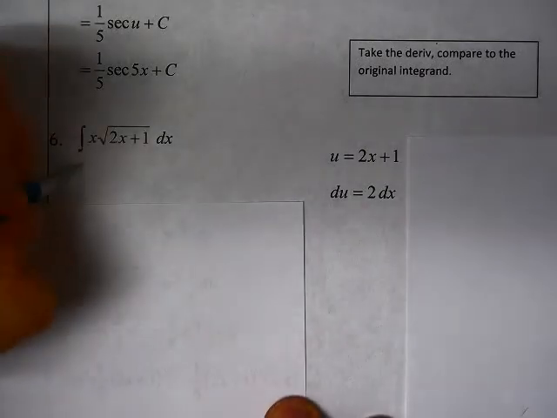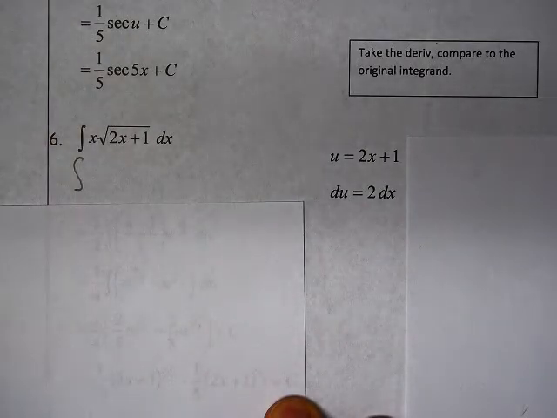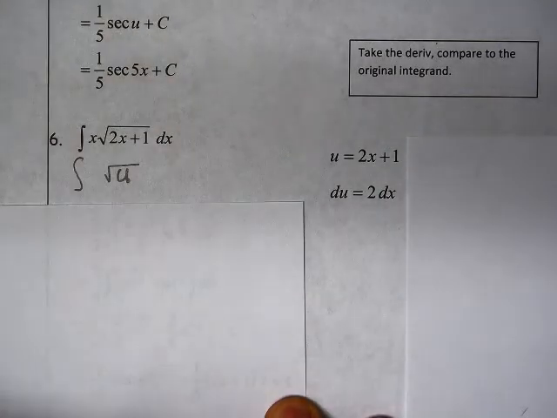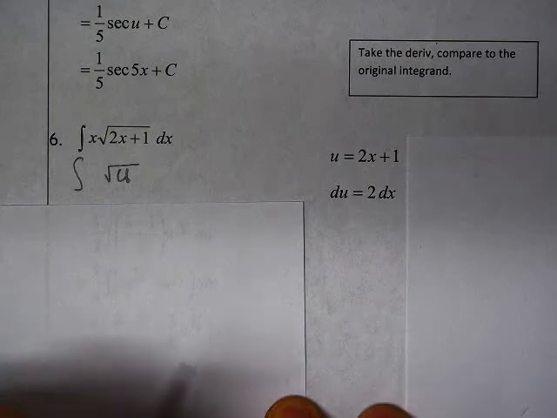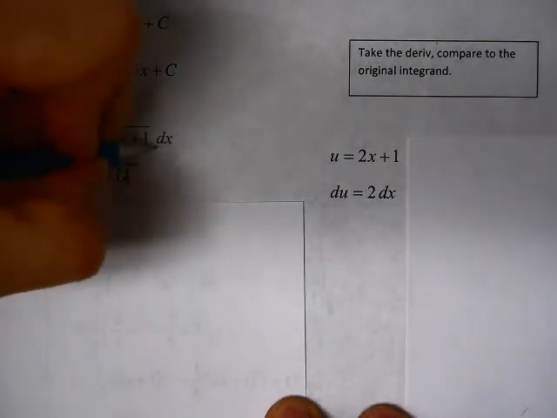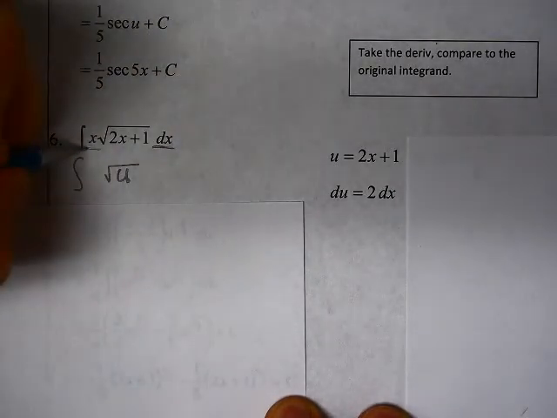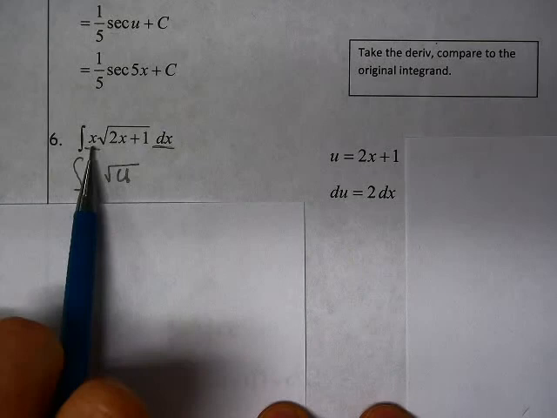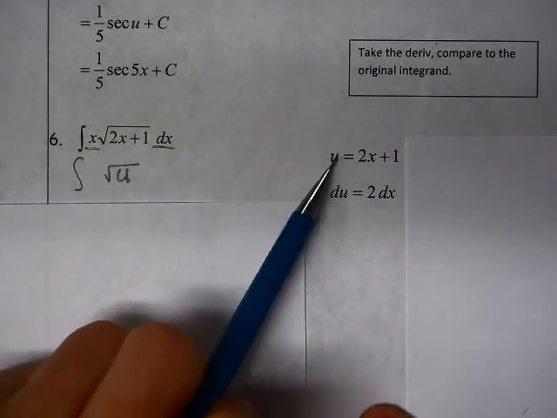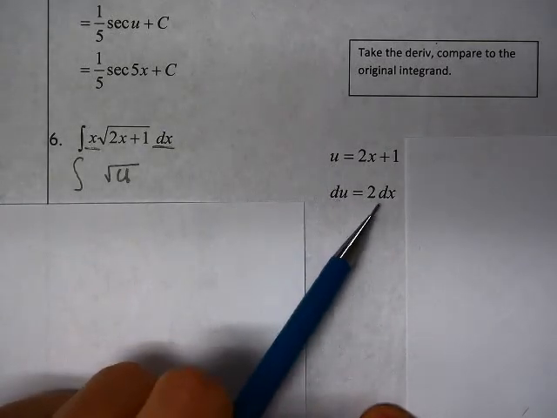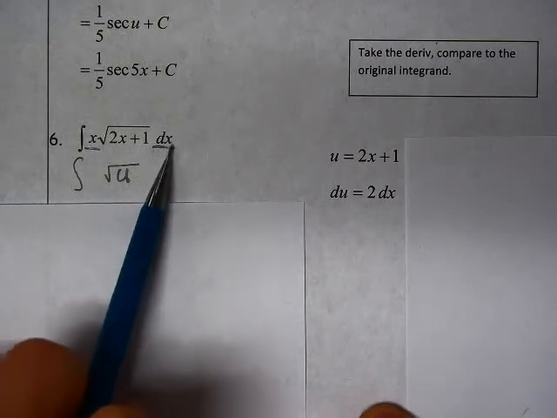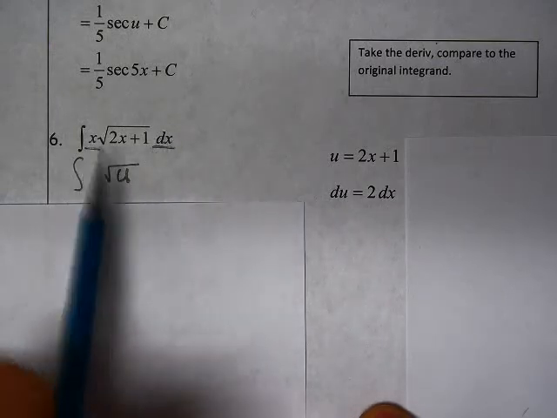So as I start to do this substitution here, I have the square root of u here. Alright? And notice here that I have a dx and an x that I still need to represent in terms of u. And I can't really represent this x using the u that I have or the du. The du is just a 2 dx.